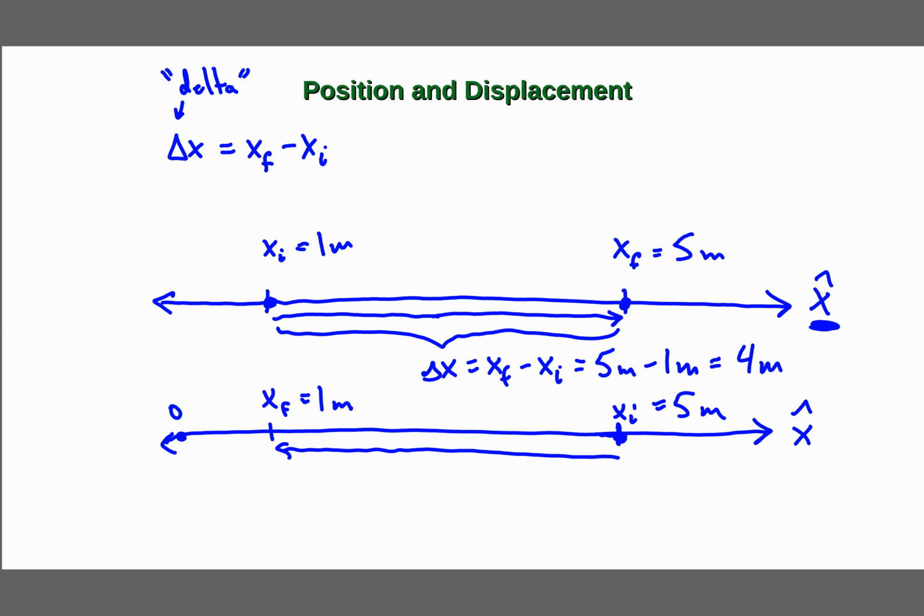So for this piece of motion, x initial, the thing that happened first, the place that we started, is at 5 meters. So now we have delta x equals xf minus xi.